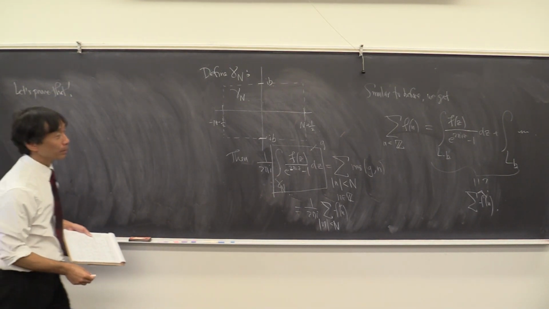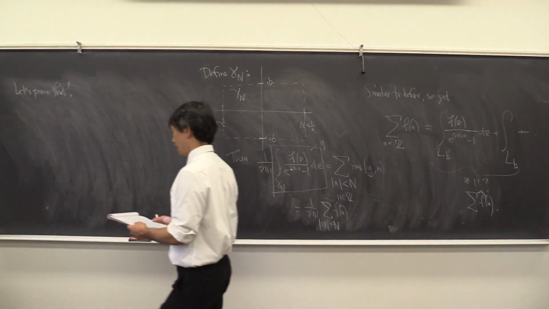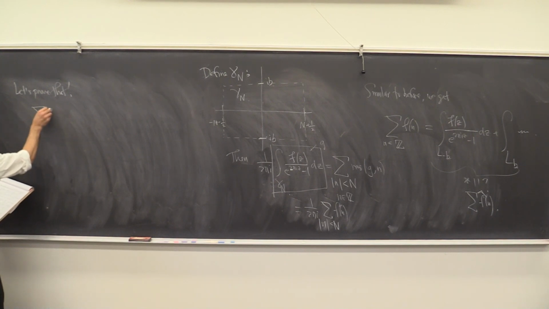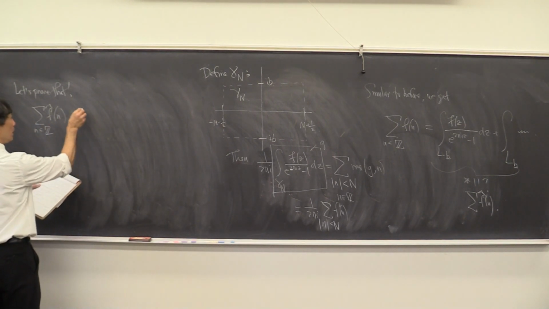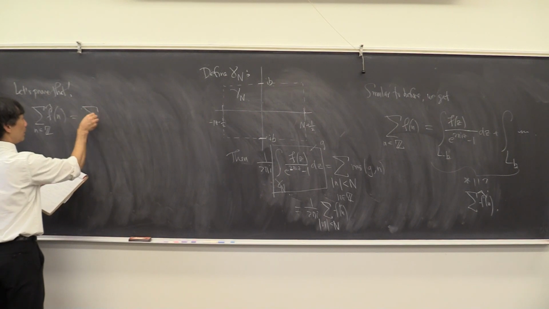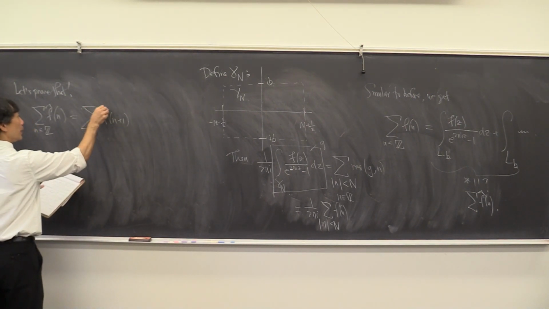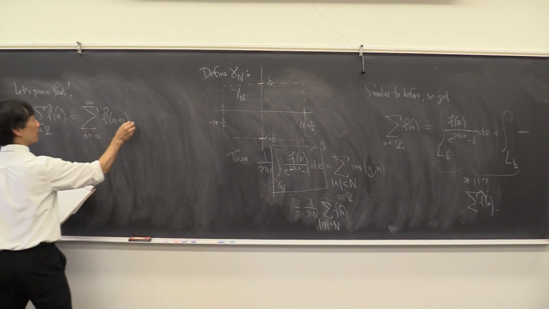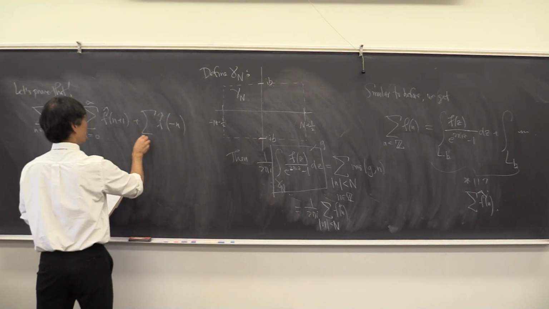What we're going to do is break the sum into two parts: the sum of the Fourier transform at n plus 1 as n goes from 0 to infinity, plus the sum of the Fourier transform at negative n as n goes from 0 to infinity.